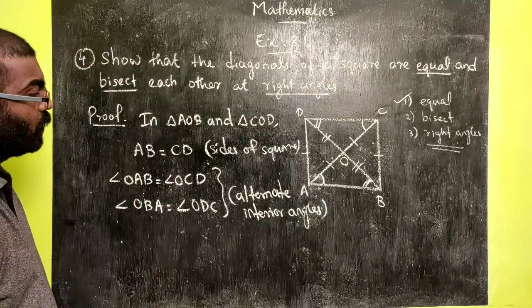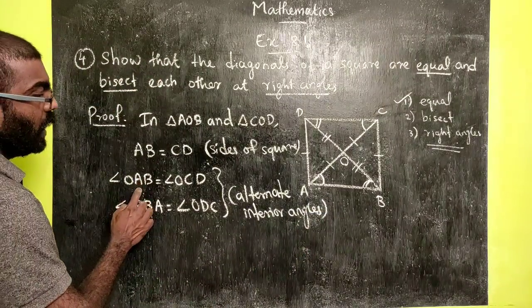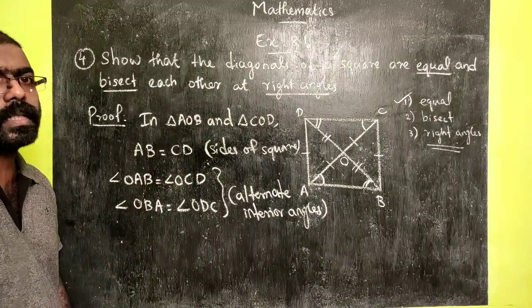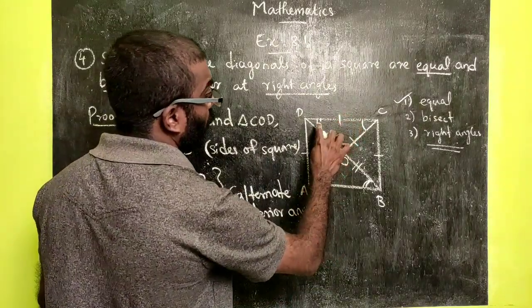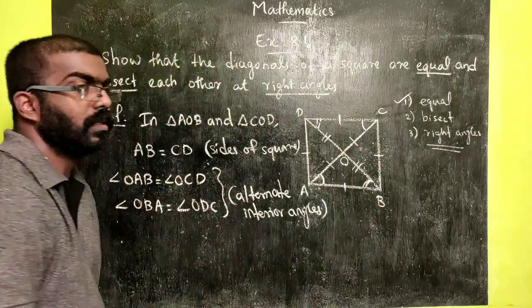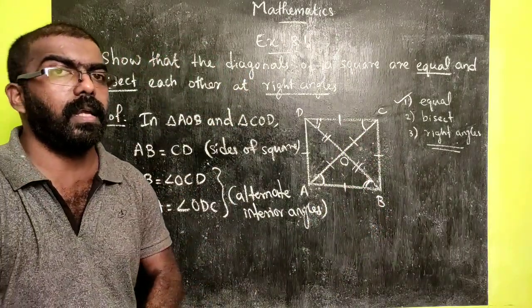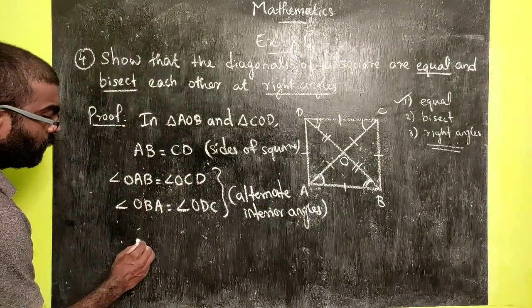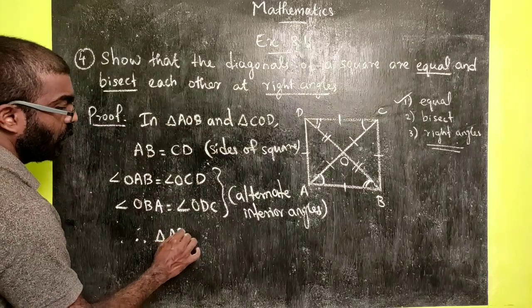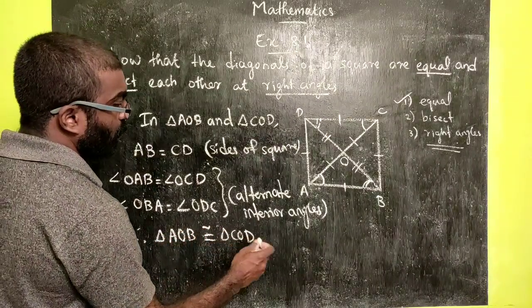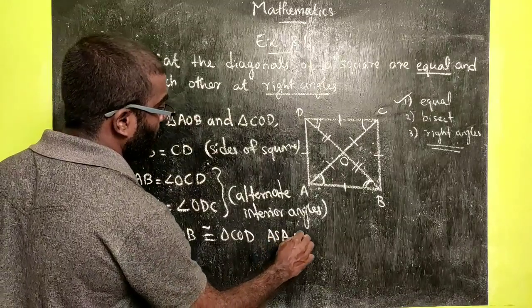Therefore, by ASA congruence rule, two angles and included side. Here one side and the two angles on it of a triangle are respectively equal. So we can conclude these two triangles are congruent. Therefore, triangle AOB is congruent to triangle COD by ASA congruence rule.